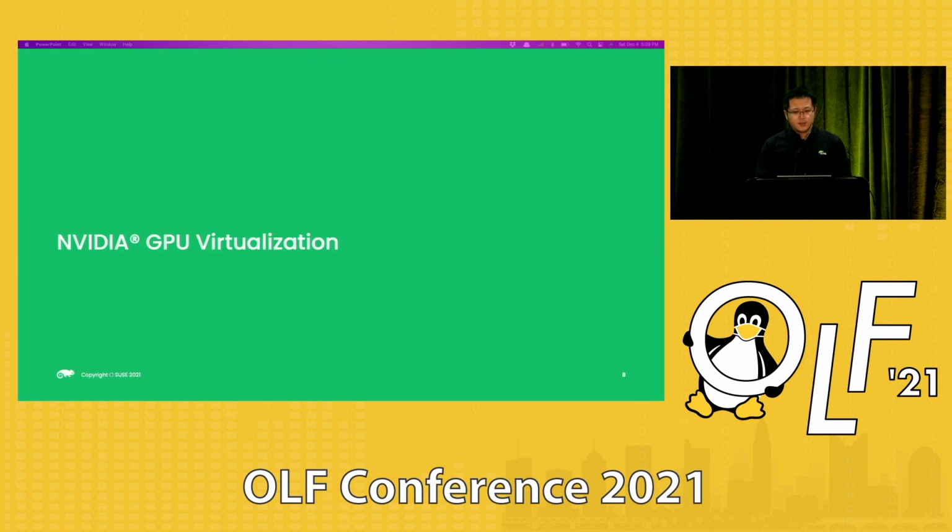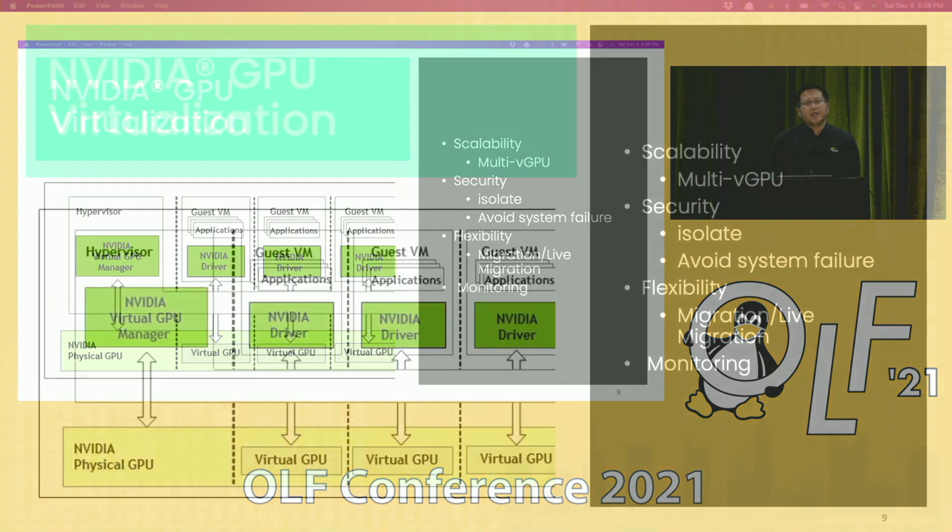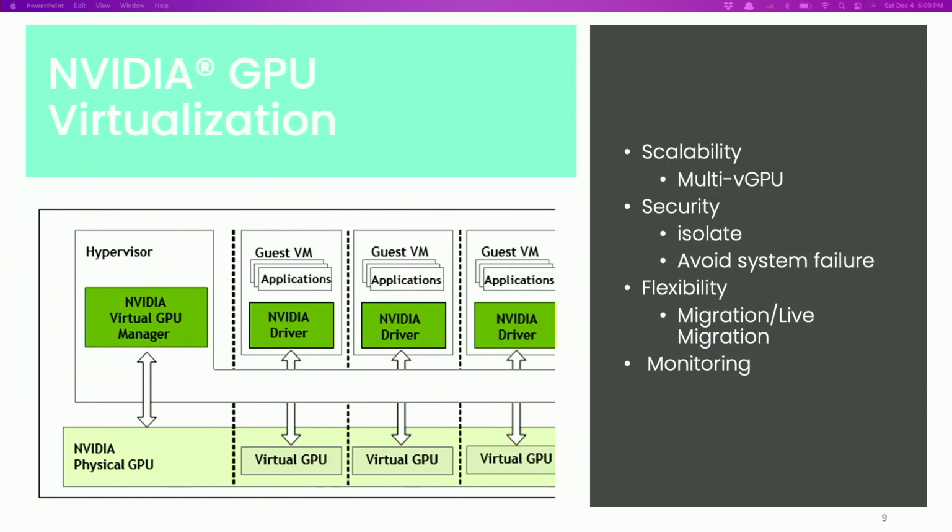So now we come to the GPU virtualization solution. Thinking about the problems we just discussed: can we run multiple devices on one real physical device? That's actually a very cool function.